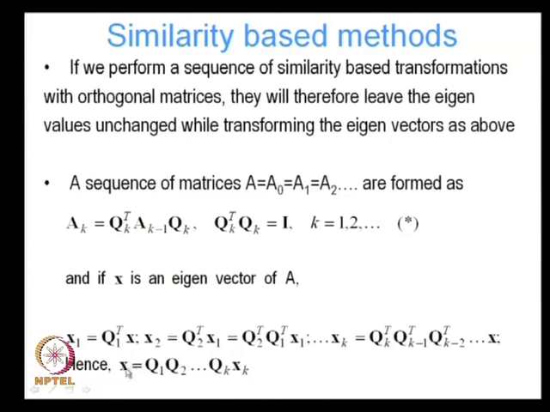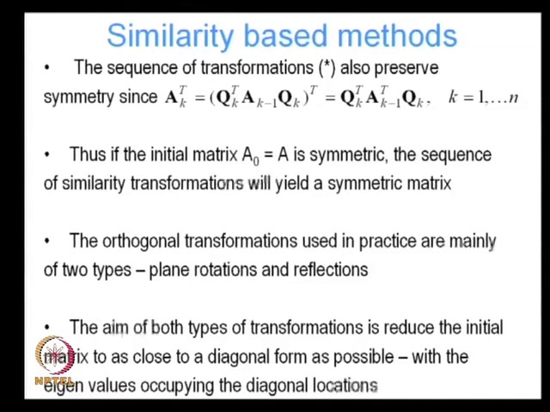By taking the transpose of both sides, I get X is equal to Q1 Q2 through QK operating on XK. The sequence of similarity transformations also, by definition, preserves symmetry. Why?